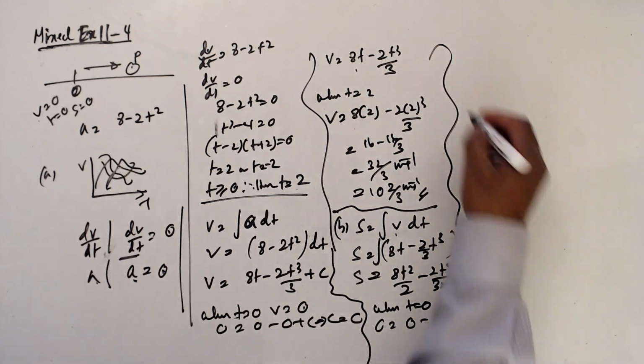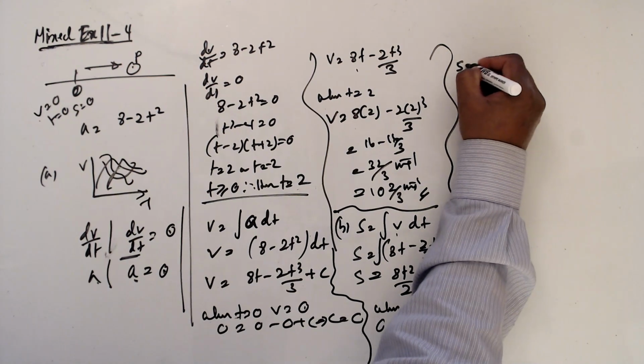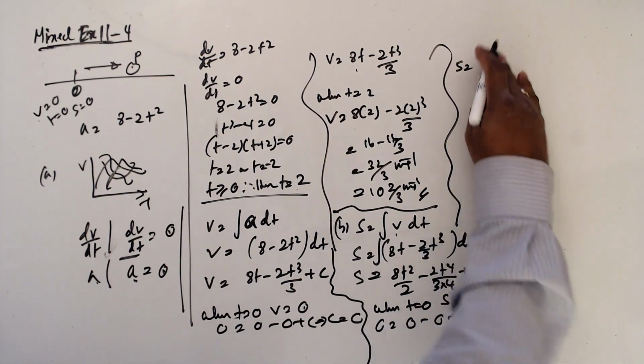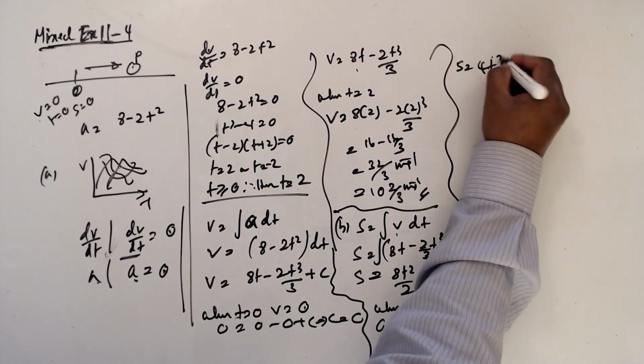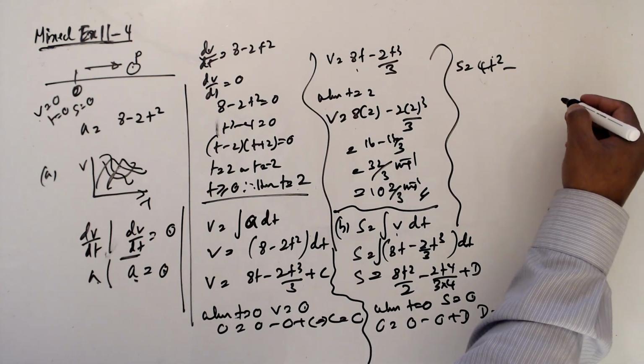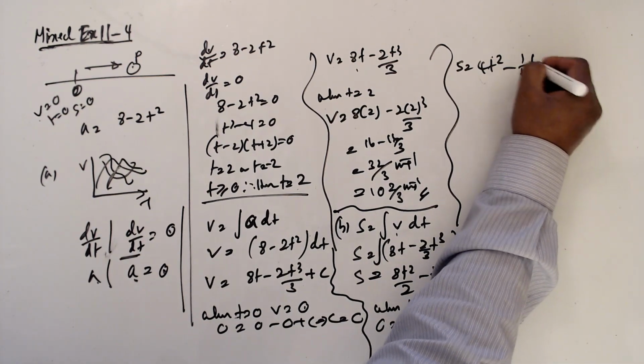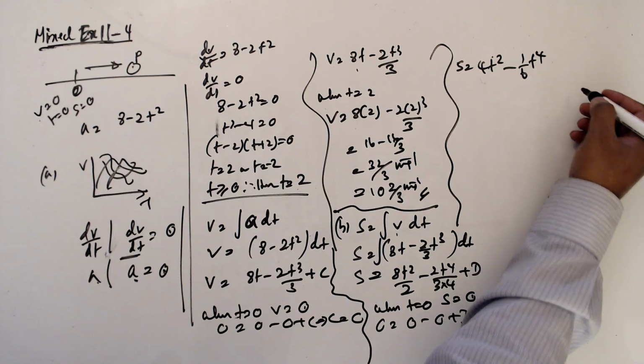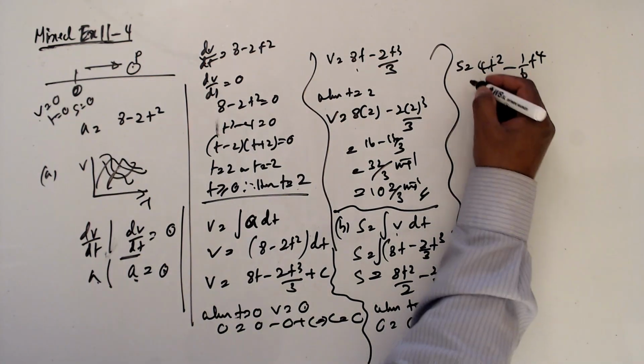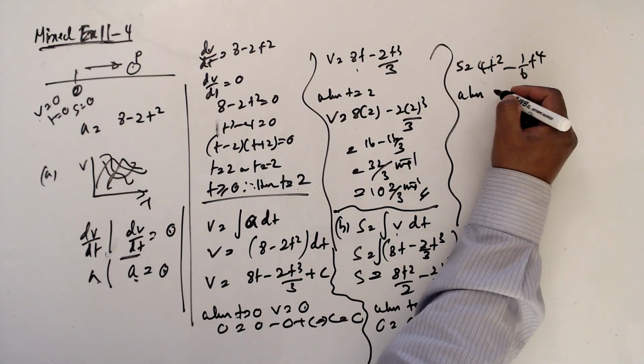So from here we get s equals 8 divided by 2, 4t square minus 1 over 6 t to the power 4. Yes, that's all. Now we want to calculate for the first 2 seconds.